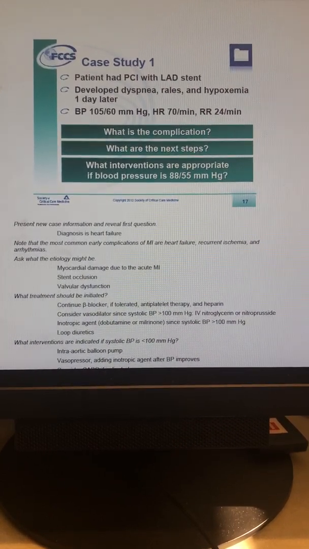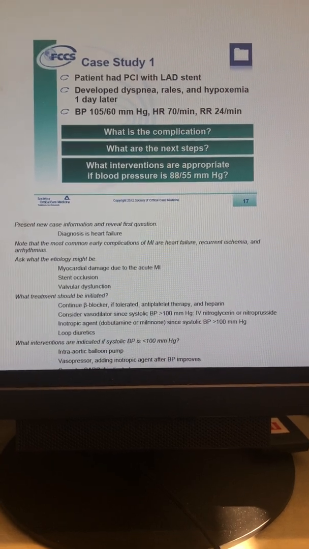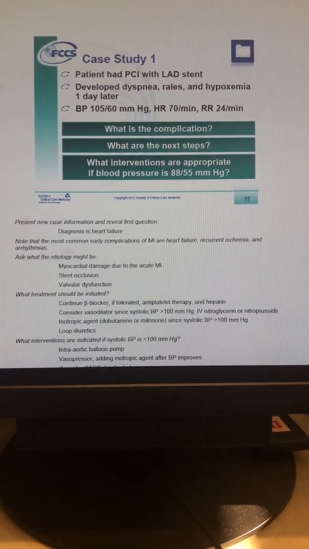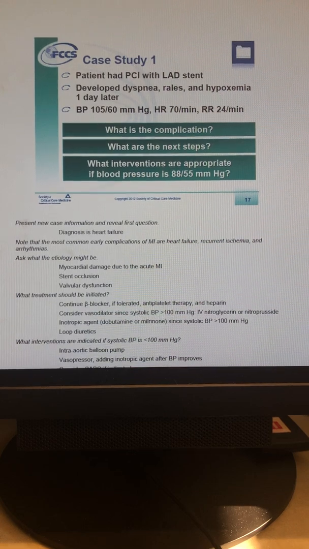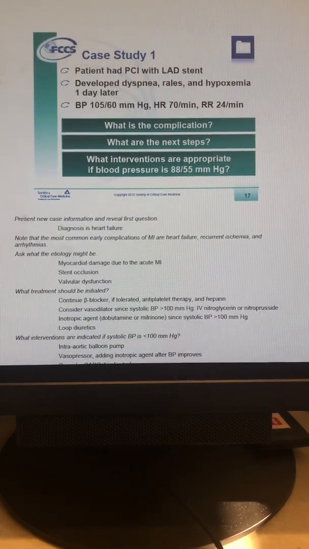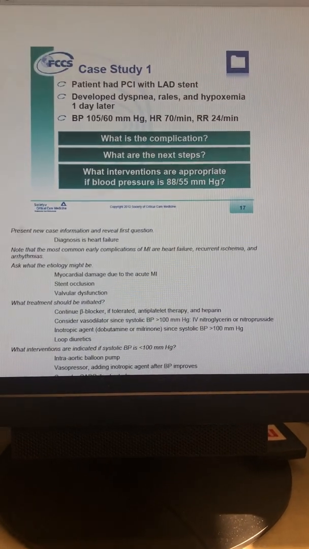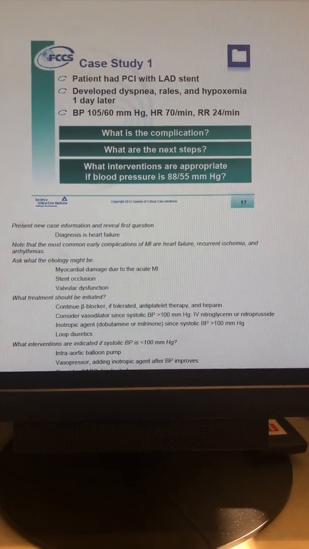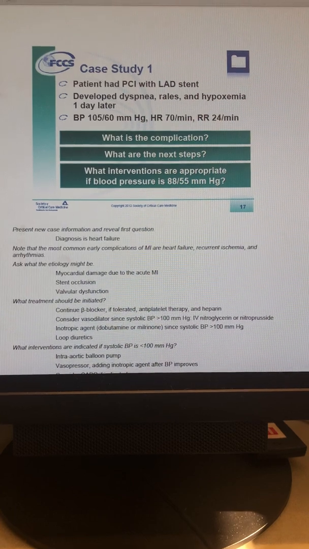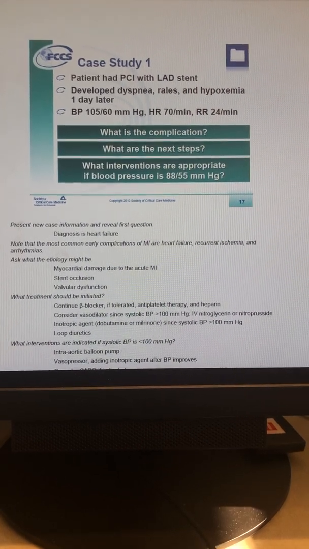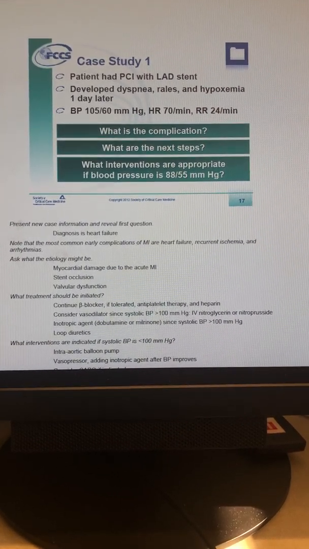If there's damage from the heart attack, you continue to treat it medically, and that includes your beta blockers, antiplatelet, heparin, and then if their blood pressure is high, you bring it down by giving them nitroglycerin, or nitroprusside if the beta blockers didn't work.